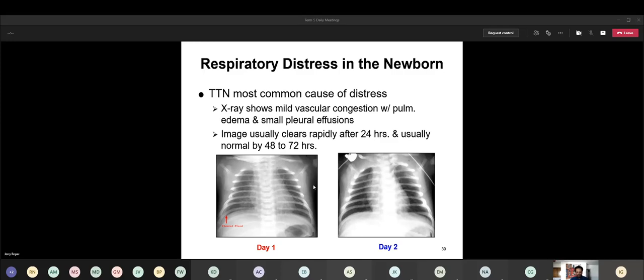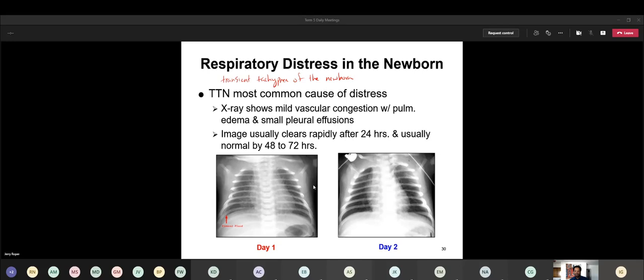TTN, which just stands for transient tachypnea of the newborn. Anything that's considered to be transient means that it doesn't stay around for long. It ends up moving on, going somewhere else.